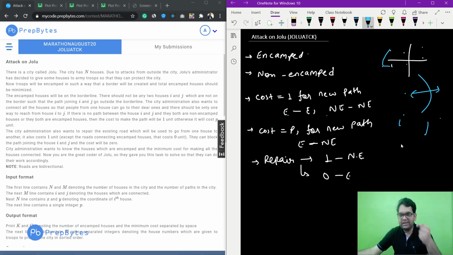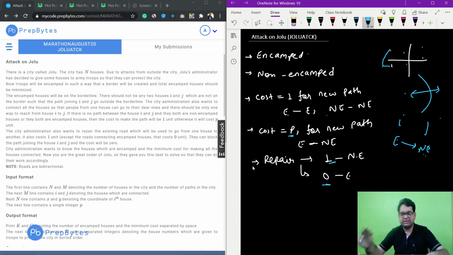But if we need to create a new path, not an already existing path, from an encamped house to a non-encamped house, then it will cost p units. Now the repairing of an already existing path will take 1 unit if the path is between non-encamped houses, and if the path is between encamped houses, then the cost will be 0.